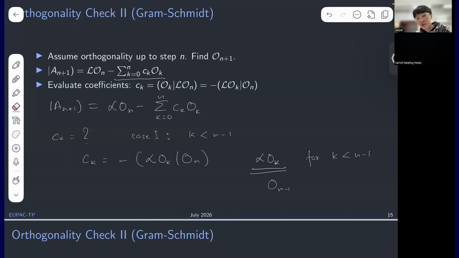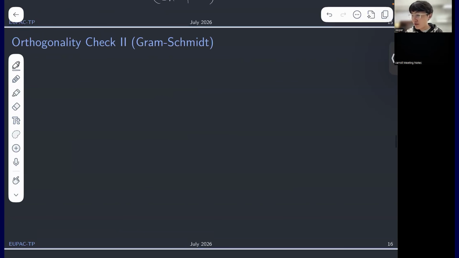From our assumptions, this will be some constant times O k plus 1 or O n minus 1, at best, inner product with On. So this is 0 because, by assumption, they are orthogonal in nature, right? So what about k equals n? For k equals n, we have Cn equals the inner product of On with L On, which equals minus the inner product of L On with On.